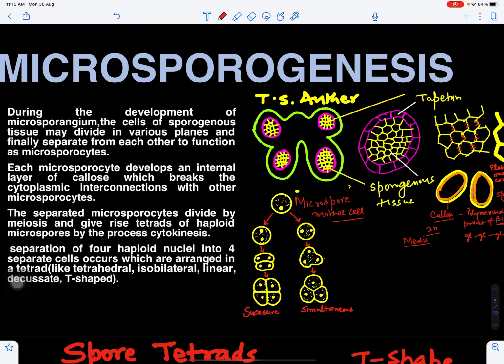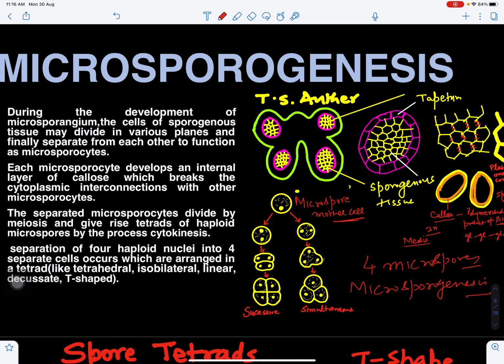Now this is the microspore mother cell. When meiosis takes place, this will lead to the formation of four microspores. Now this may be formed by the successive method, or it may be formed by the simultaneous method. This formation of four microspores from one microspore mother cell is called microsporogenesis.